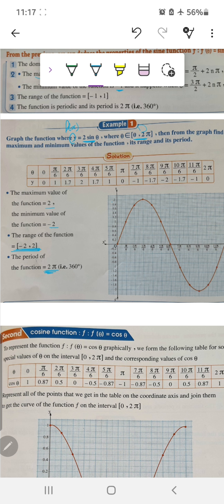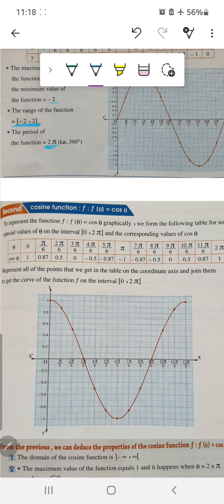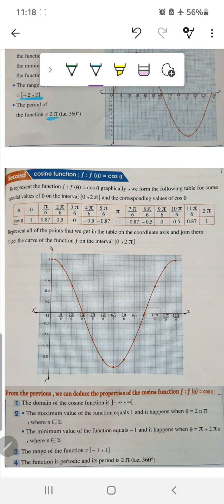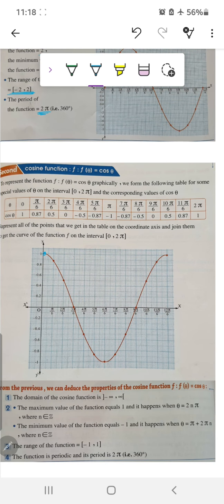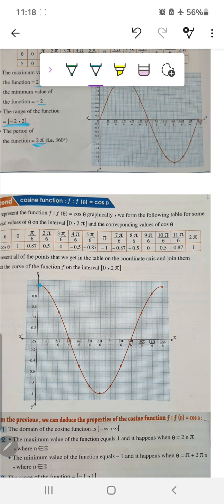Okay, right. Second, the cosine theta. Okay, as we said, here is the graph of cosine theta. You must know it. Okay, cosine theta starts from 1, but remember sine theta starts from 0. Okay, cosine starts from 1 and sine starts from 0.